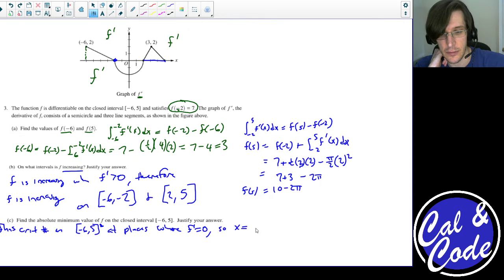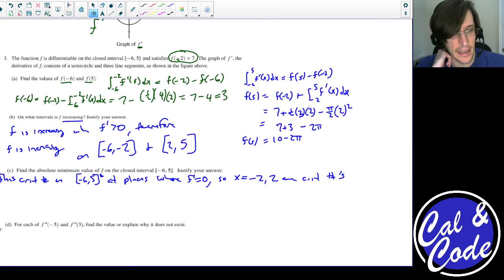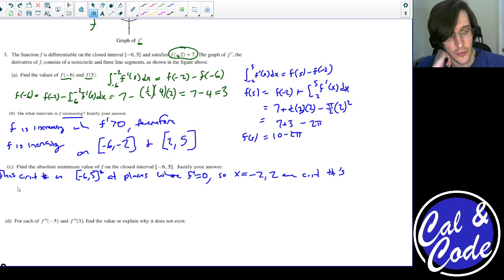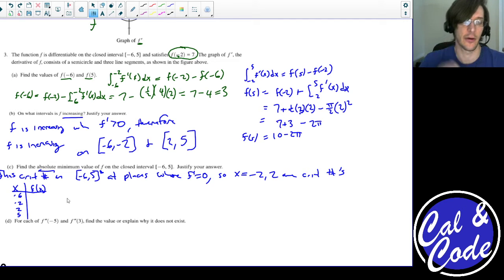So x equals -2 and 2 are critical numbers. Now I need to check those places, and I need to check the endpoints. So I need to have some x's and some f of x's. Remember, whenever they're talking about absolute maxes or mins, I want to start thinking about a table of values. I want to check my endpoints, in this case -6 and 5, and I want to check my midway points, the places where my derivative is 0 or undefined.